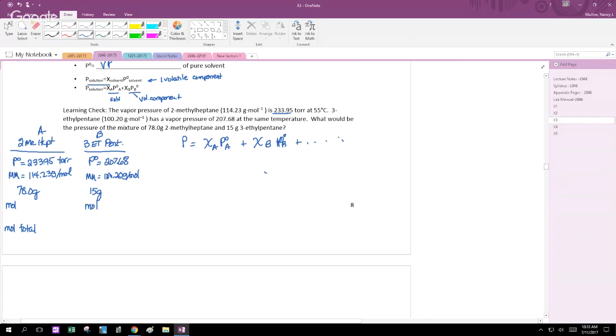It's just that I only have two substances here. Are you with me so far? All we've done is figure out how many moles of each thing.